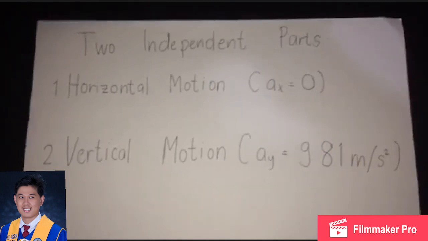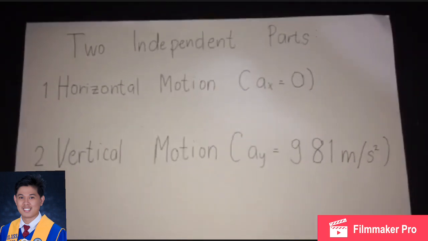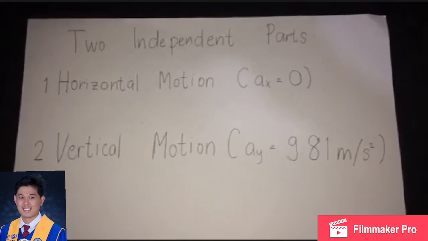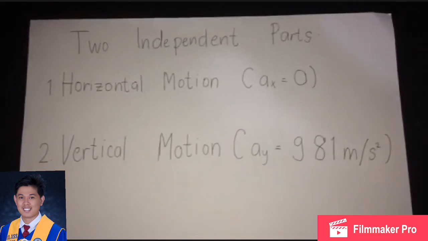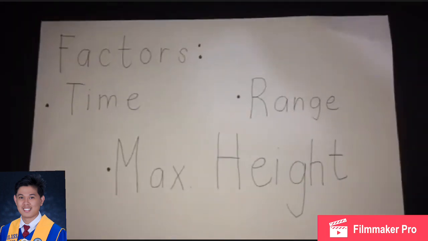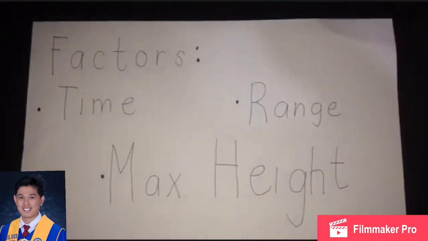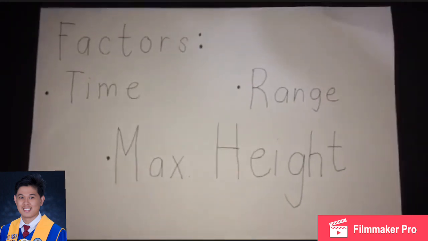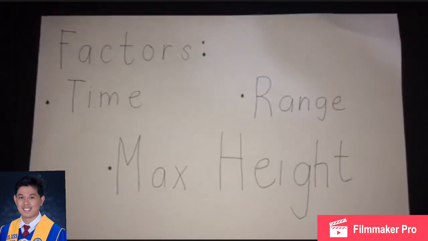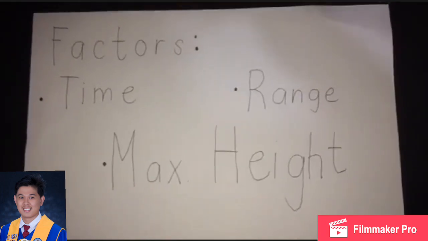Second is the vertical motion, with an acceleration of 9.81 meters per second squared, which is based on the gravitational force. We have three factors that affect projectile motion: first is the time, second is the range, and the last is the maximum height.